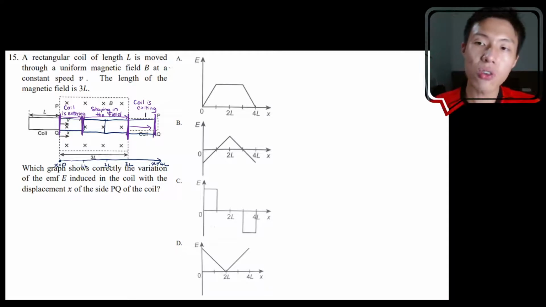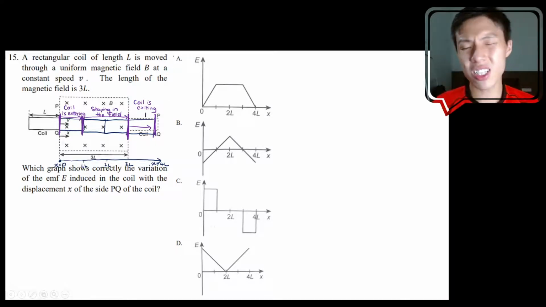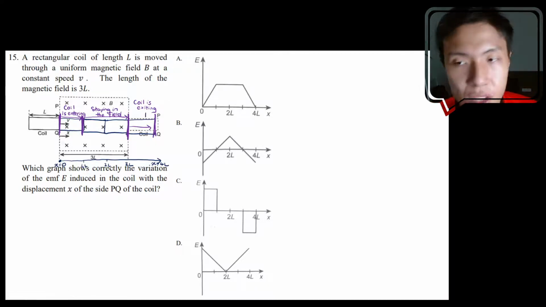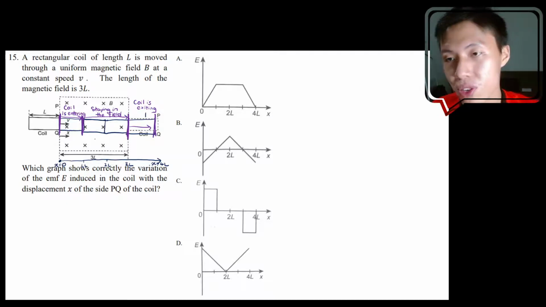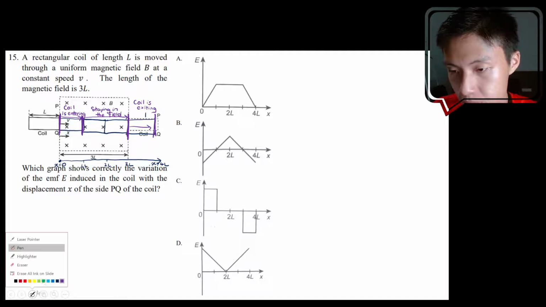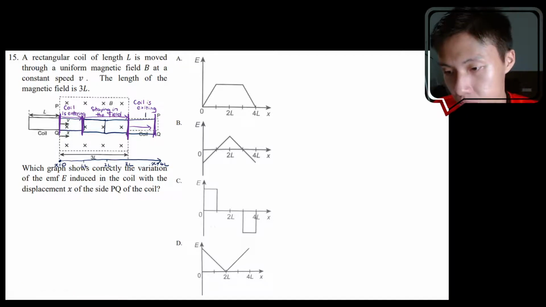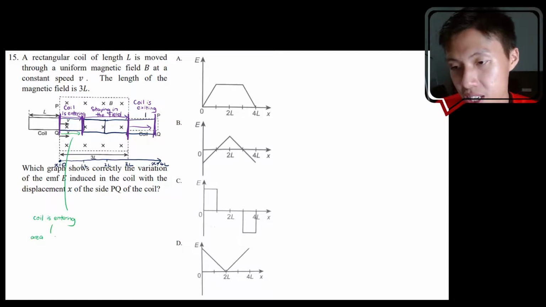This one is actually discussed in your lecture video already, but I'll just roughly go through it. During this portion of the journey, when the coil is entering, the area that is experiencing the magnetic field is increasing.